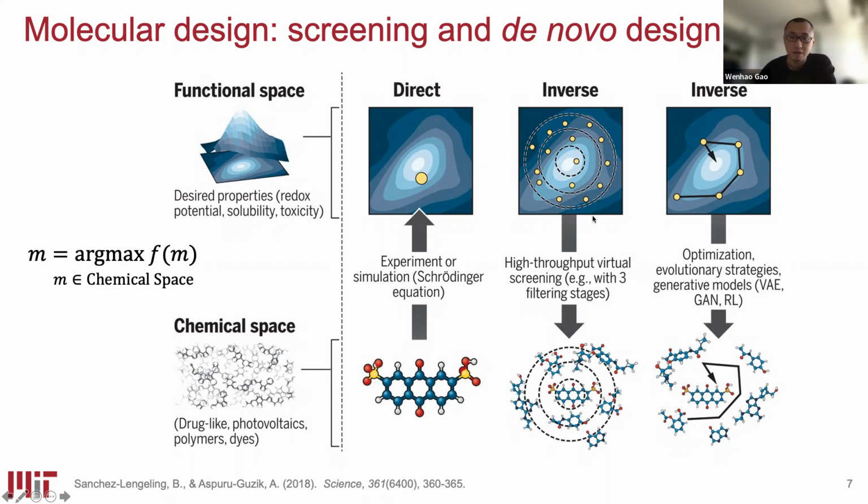And we can still only screen a tiny fraction of the whole chemical space. And de novo design is to construct the molecule from scratch and aim to find the optimum more efficiently. So ideally de novo design, if it works, is more preferable than screening.